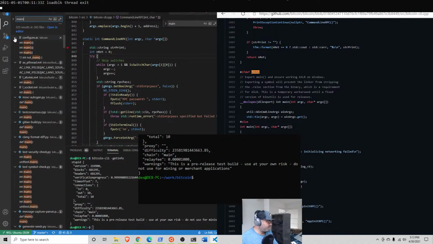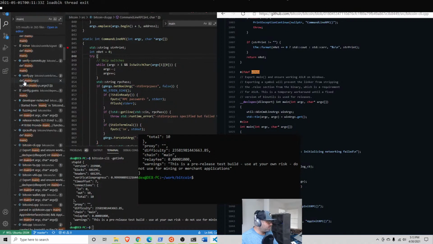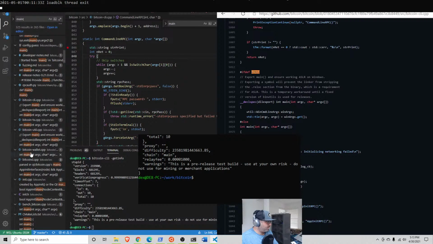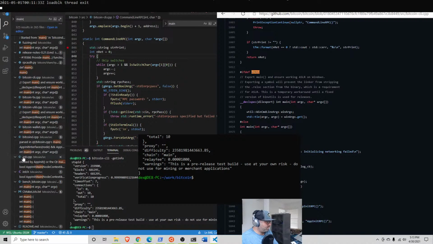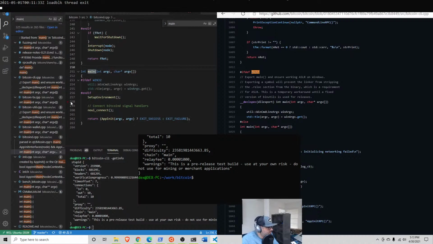The reason why it doesn't matter which one we do, in a second I'll explain it. What we really want to do is just go to Bitcoin main. Bitcoin D right here. No UE connect. Return API init.